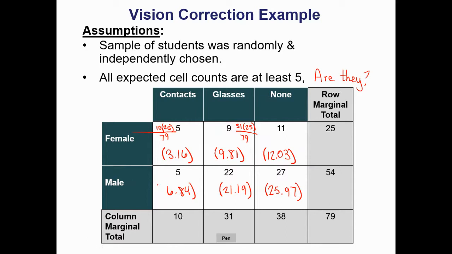Okay. Now, are they all greater than 5? No. We've got one that's not. So here are our two options. We can either combine male and female into one row, or we can combine contacts with glasses or contacts and none. Contacts with glasses. That makes the most sense. What would happen if we combine male and female together?